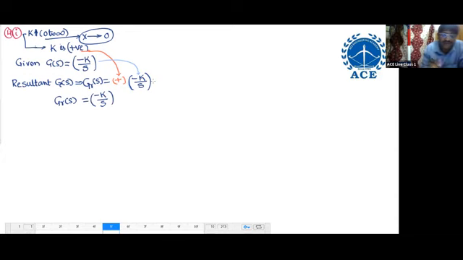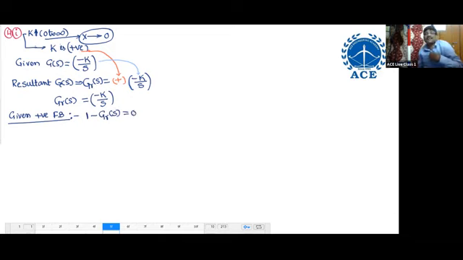Now, which feedback is given? Positive feedback is given. For positive feedback, what is the characteristic equation? 1 minus G of S. We have to write GR of S because the resultant must be considered.